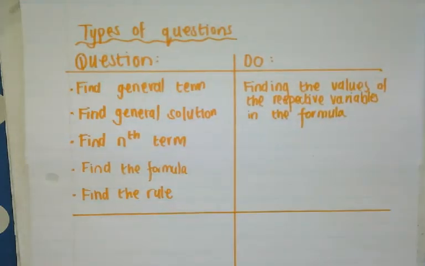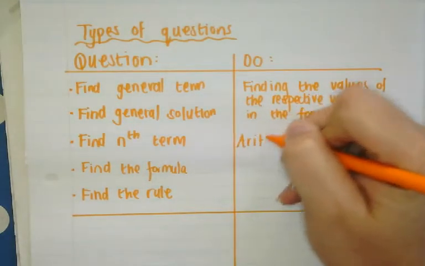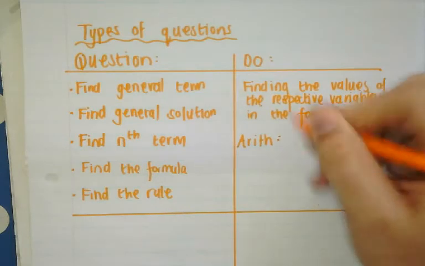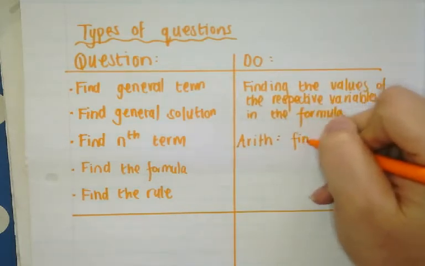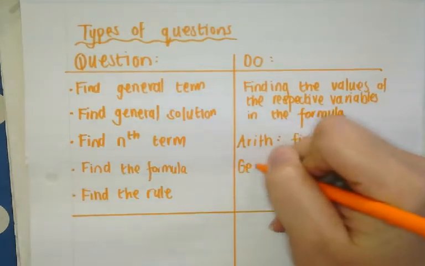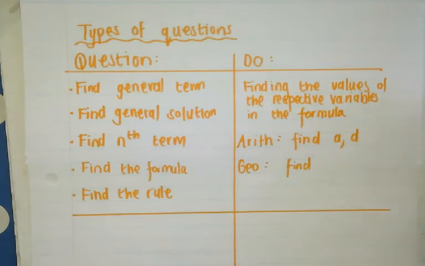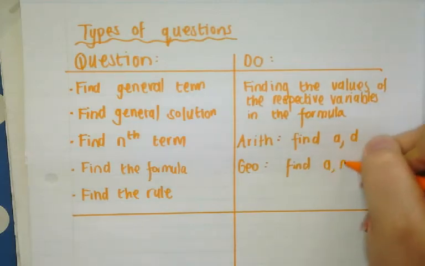So now this will depend on whether I'm dealing with arithmetic or geometric. In arithmetic, it means I'm looking for A and for D. In geometric, I'm looking for A and for R.